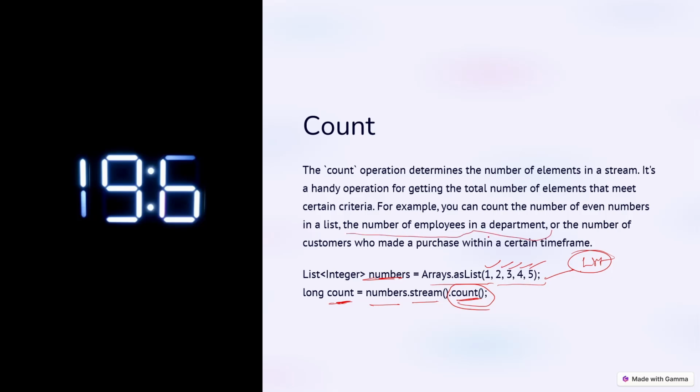You need to find how many employees are there, or how many employees are working from 2 to 9, how many employees are working in a specific hour. So in that kind of situation we will use this count. You need to count the number of elements present in a specific condition. That kind of thing we do by using the count.